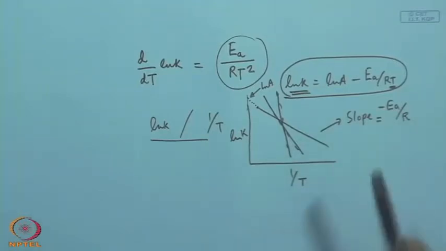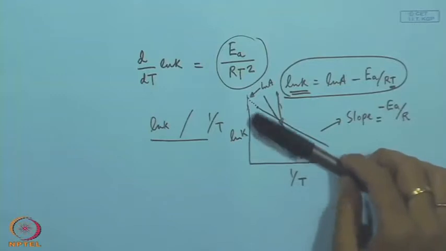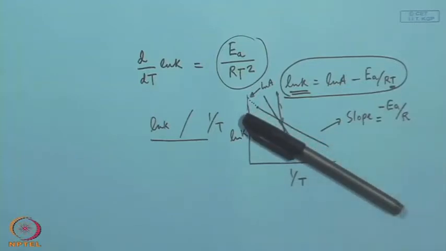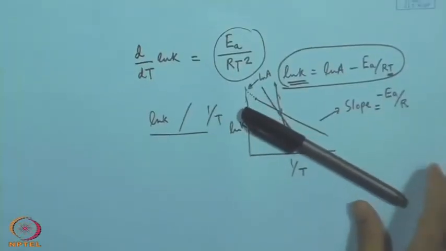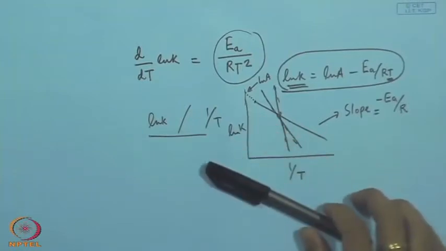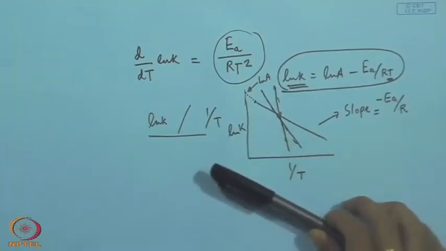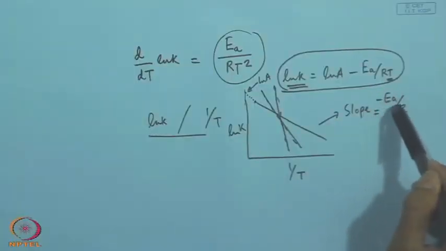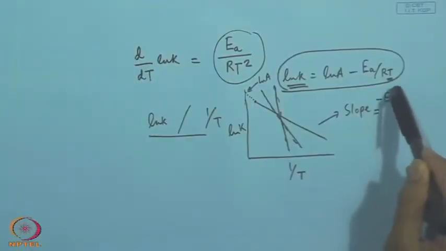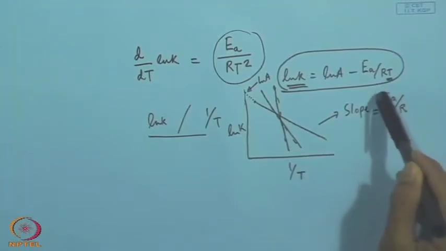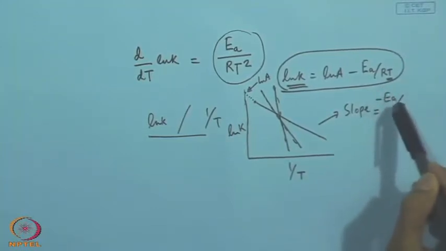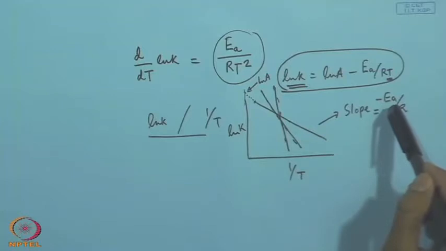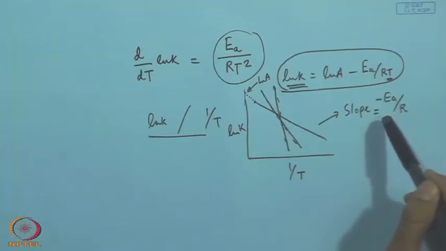Whether there will be a significant effect of temperature on the rate constant is decided by the magnitude of the activation energy. So, this is a very important energetic quantity that determines whether, when you increase the temperature, you will have a significant change in the rate constant of the process.